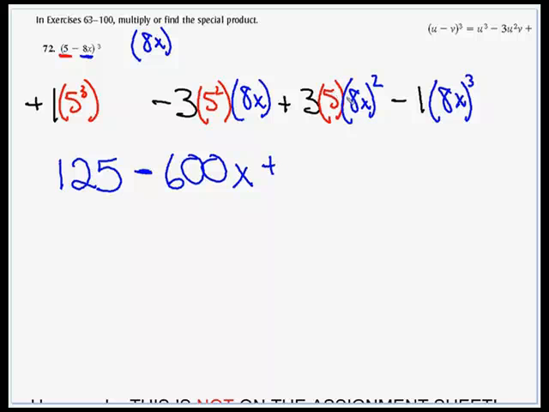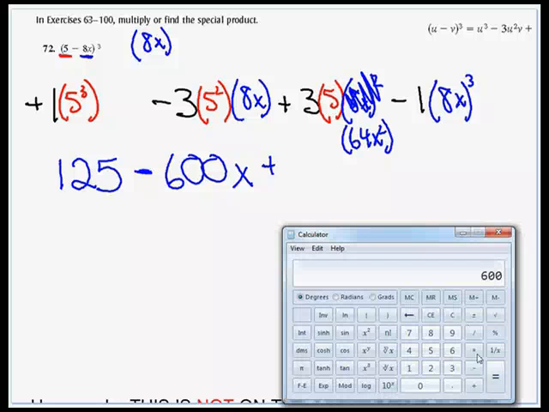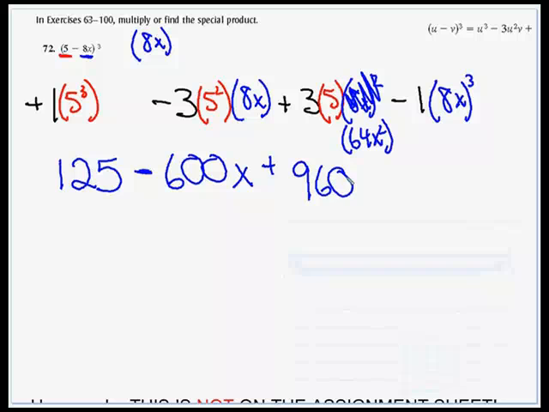Plus. Now here, you know, we got to worry about 8x squared is 8x times 8x, or 64x squared. So we're going to have 3 times 5 times 64. 3 times 5 times 64 equals 960. 960 x squareds.